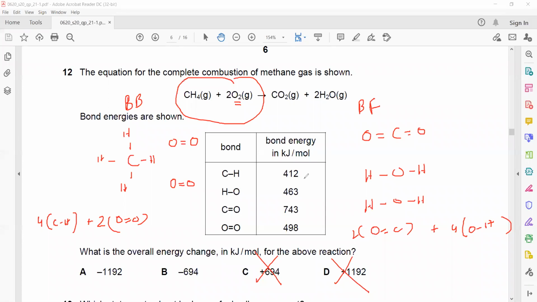So what is the right answer when you calculate the energy change, bond breaking minus bond forming, for question 12? 12B is the right answer.